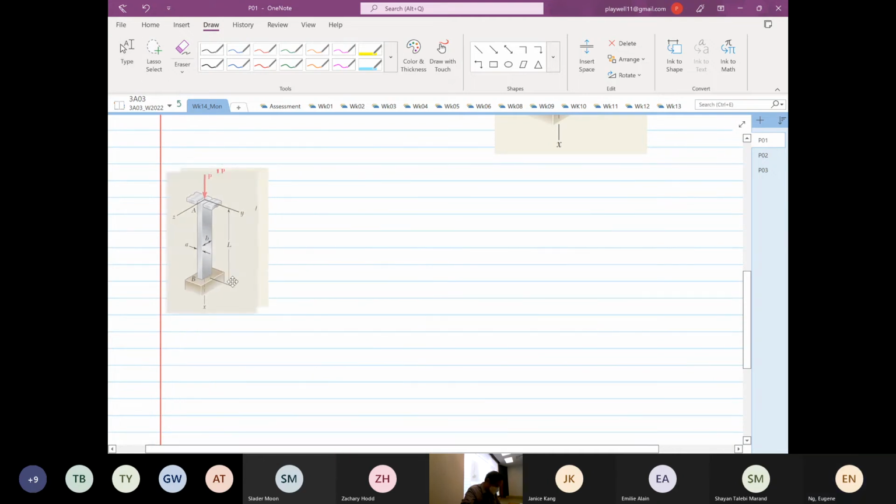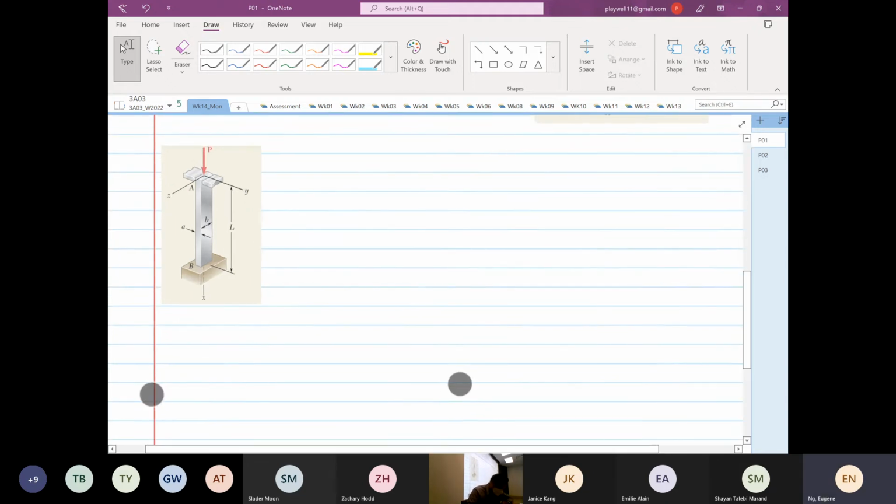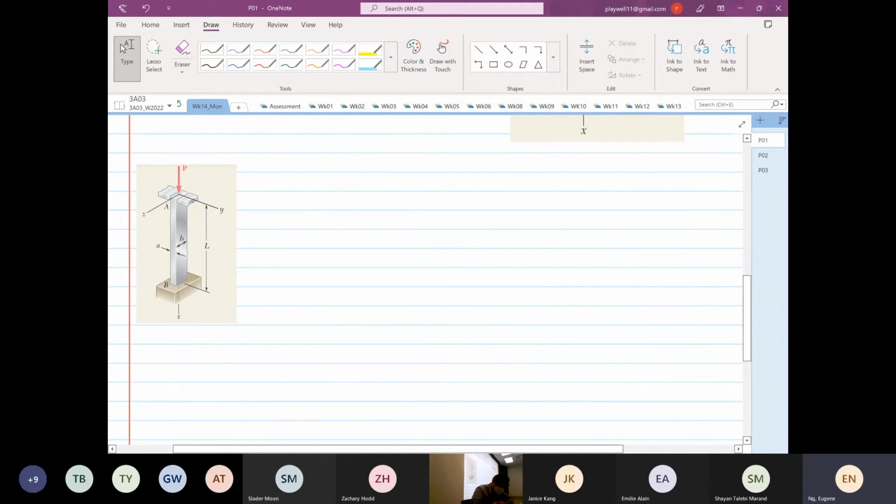So this is our structure. We are going to look at the XY plane first. We're going to draw this on the XY plane, so we're going to view on the XY plane.